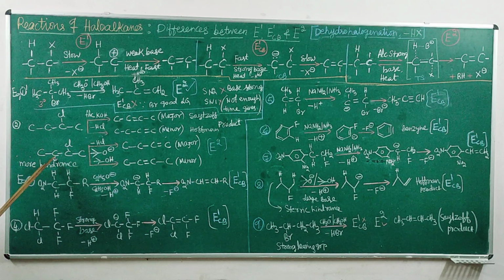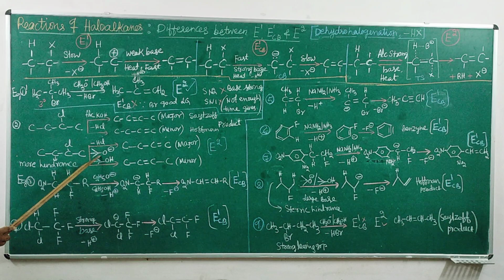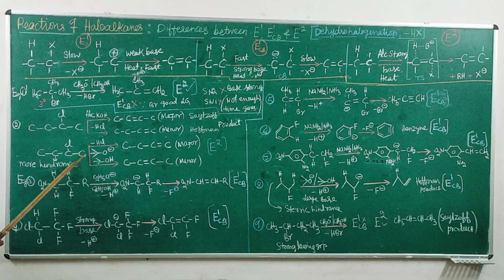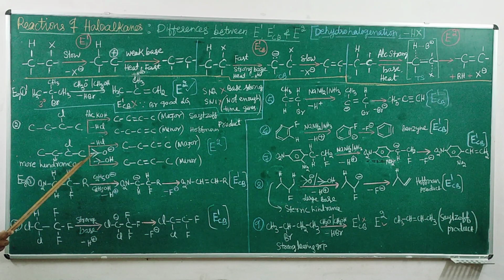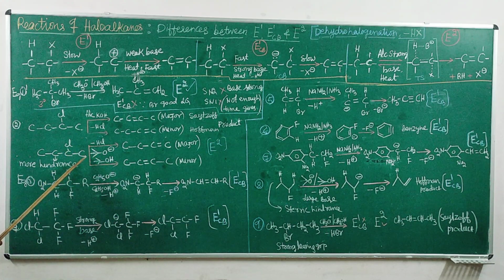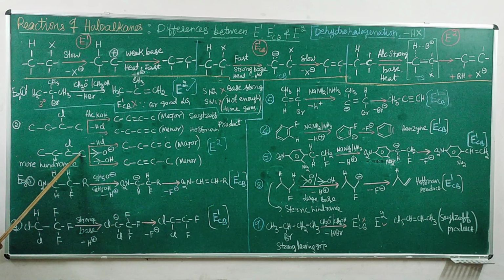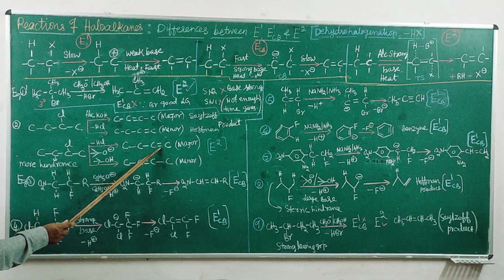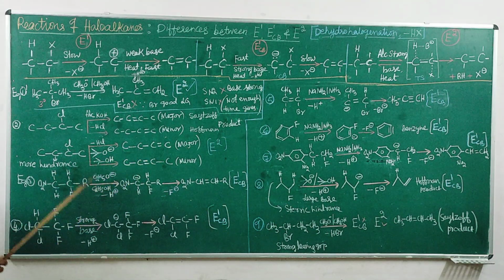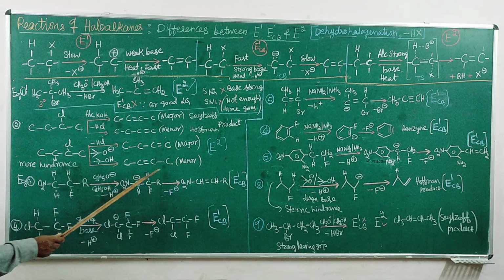This carbon produces more hindrance to the attack by this, but this carbon will not produce hindrance to the attack of this molecule. Therefore, it can attack the hydrogen of this carbon more probably than this. Therefore, it produces the compound like this as a major product, but produces this compound as a minor product.